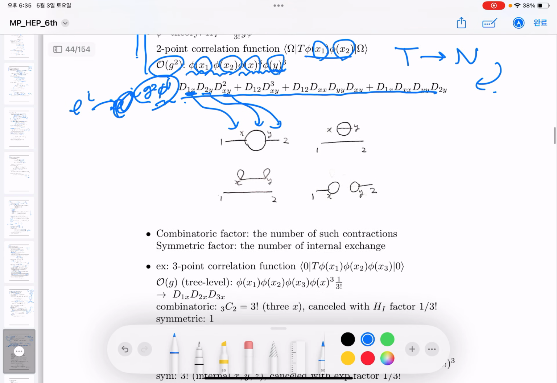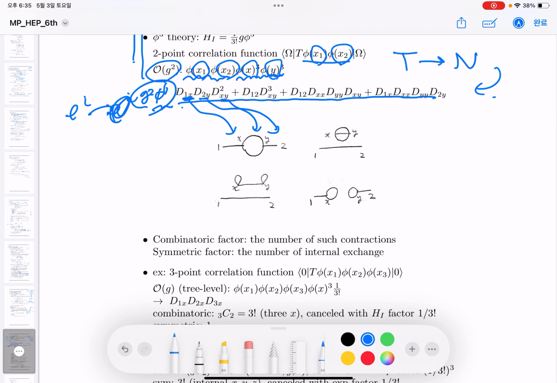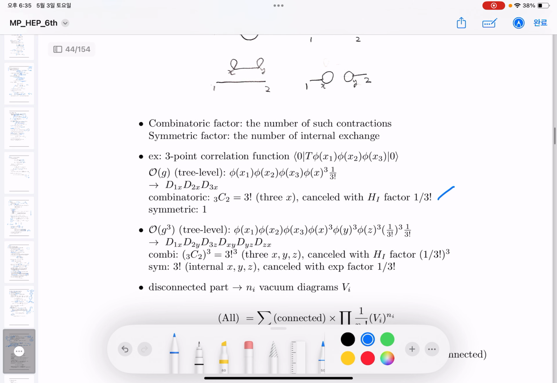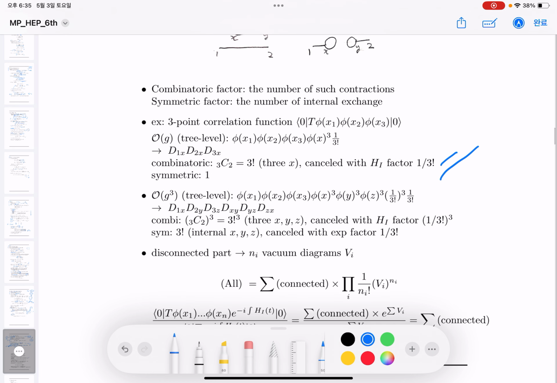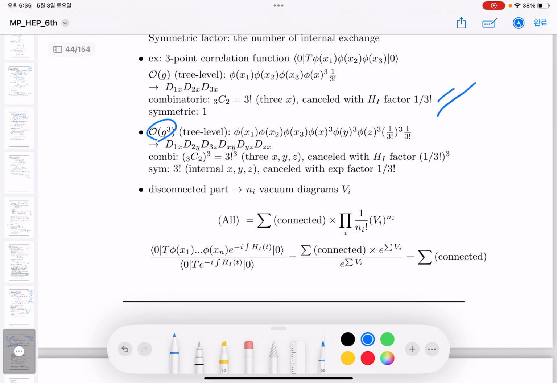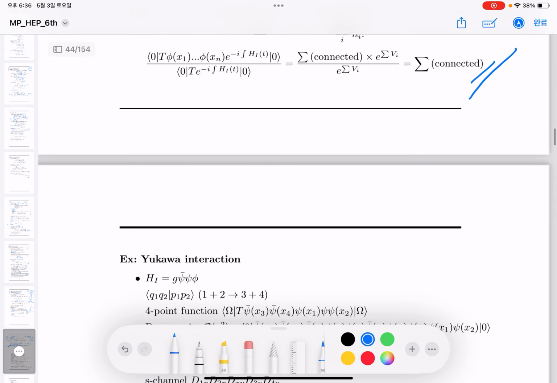And there will be some combinatoric factors, which come from the number of such contractions, and the symmetry factor. Here is a calculation, and for higher orders we can calculate a similar thing. Only the disconnected parts just cancel out with the denominator for the normalization, so the connected ones remain.